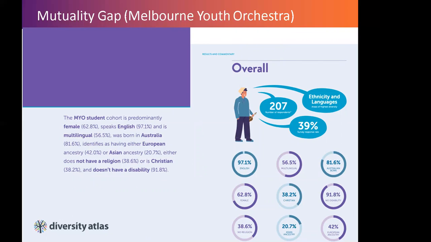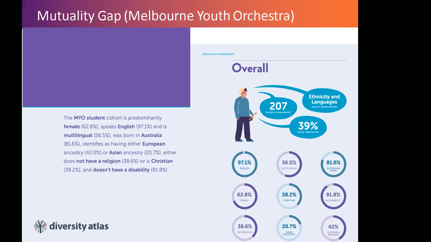So this is just a quick summary. The Melbourne Youth student cohort is predominantly female, 62.8%. 97.1% spoke English, 56.5% were multilingual, 81.6% were born in Australia, and a lot of them identified with European ancestry at 42%.